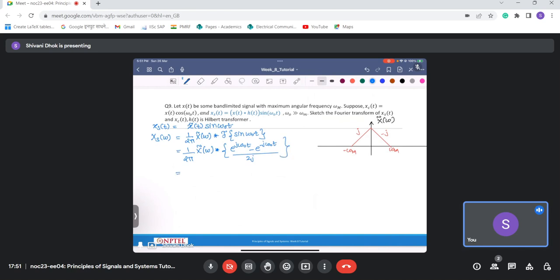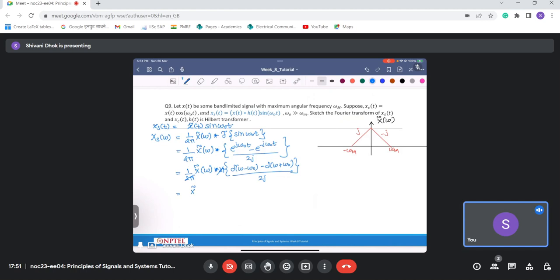And again, these are complex exponentials, so these have a Fourier transform of 2 pi delta of omega plus or minus omega naught. So this is delta of omega minus omega naught minus delta of omega plus omega naught, whole divided by 2j, and this is multiplied by 2 pi. So this 2 pi gets cancelled. This x tilde of omega convolved with deltas will just create replicas at the respective positions.